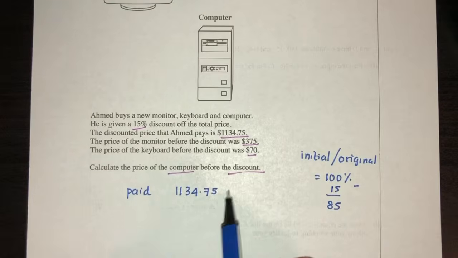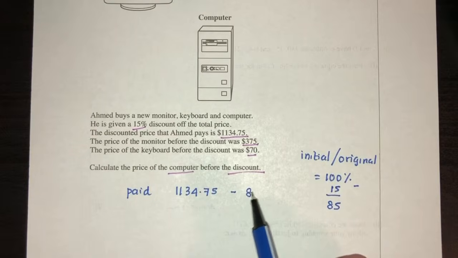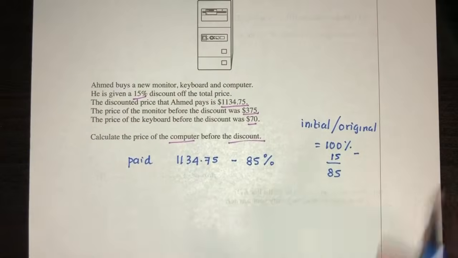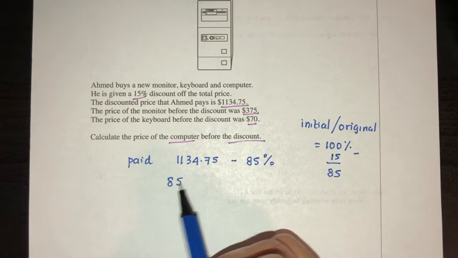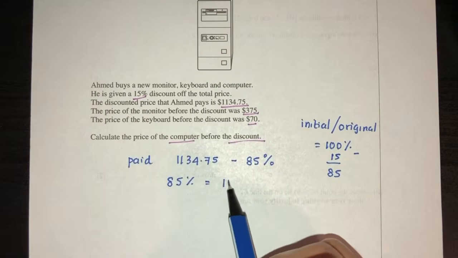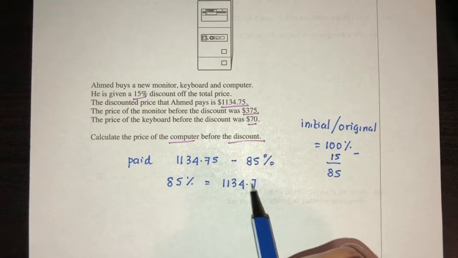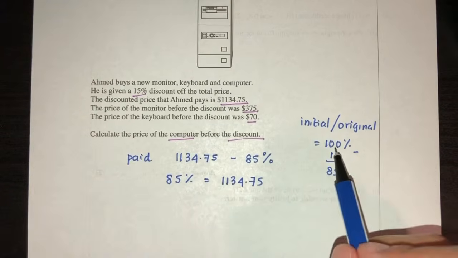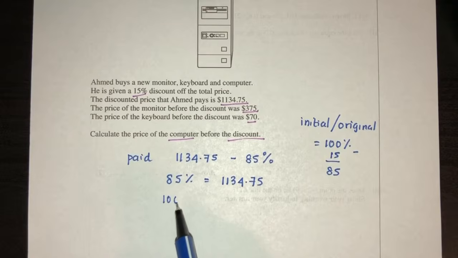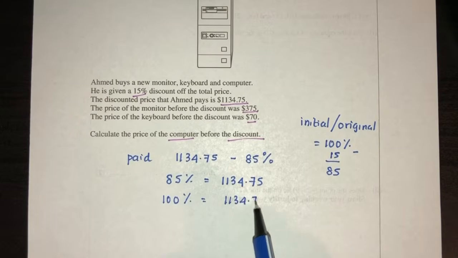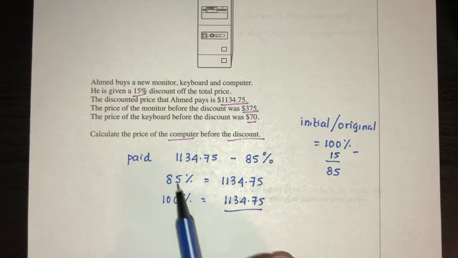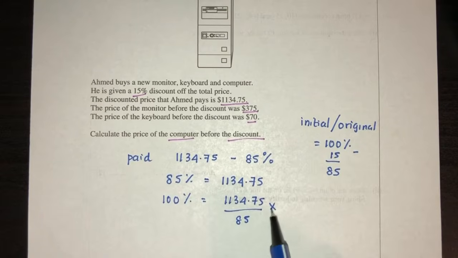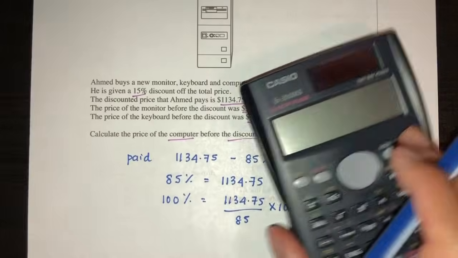So the price he paid is at 85%. We can use this equation: 85% is equal to the price he paid. Now the price before discount was at 100%. So what is the price at 100%? That will be 1134.75 divided by 85 times 100. So let's do that.